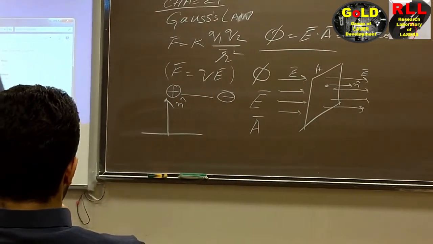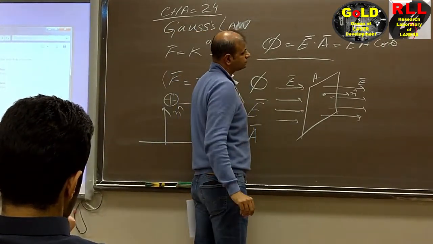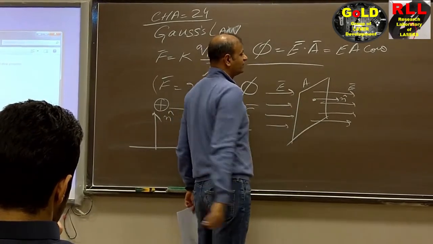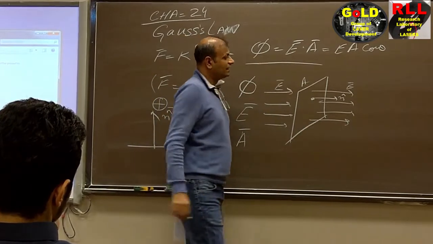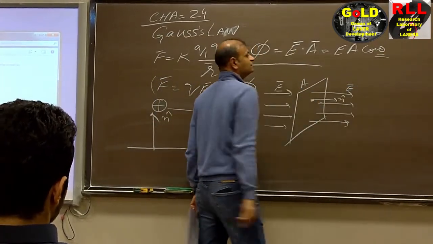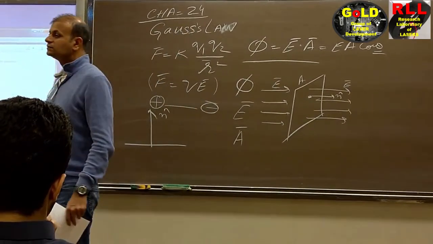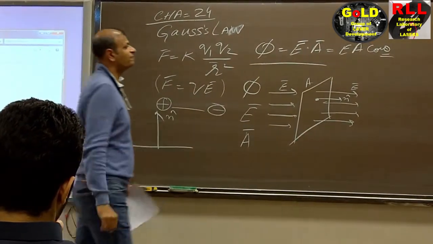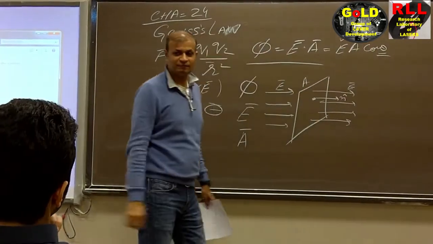In this case, the electric field lines are passing through a certain area, and theta is the angle between E and A, electric field and area.